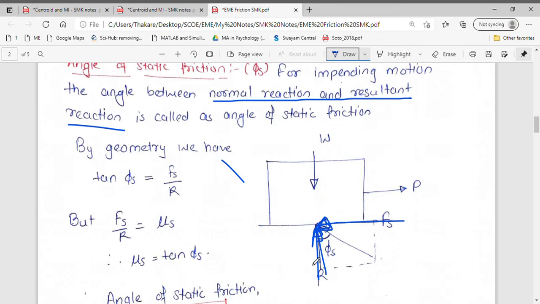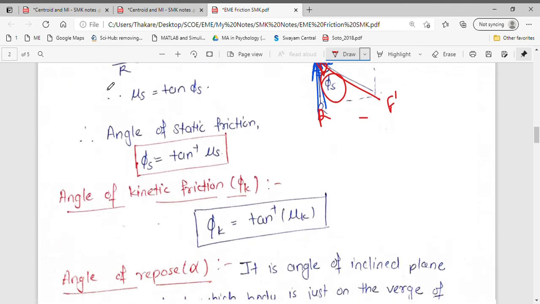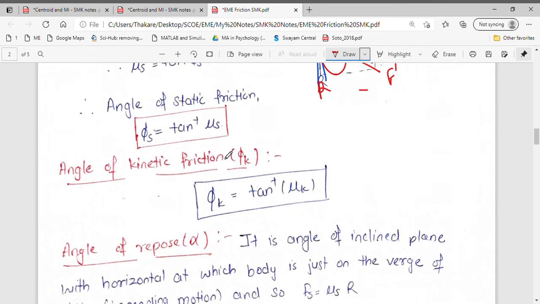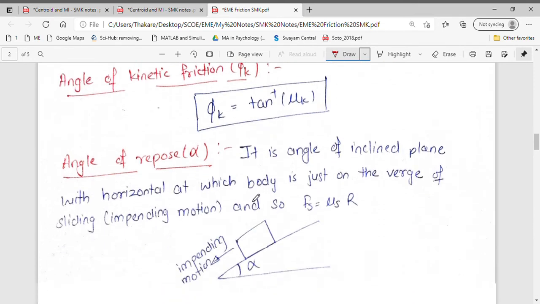We can combine these two into one single force, and we can call it, let us say, F dash. So this angle between R and F dash, which is phi s, will be called the angle of static friction. Angle of kinetic friction is defined the same way when there is a kinetic frictional force applied.